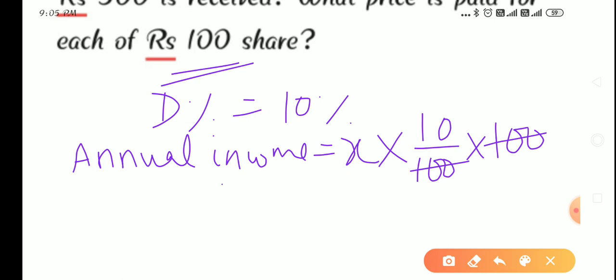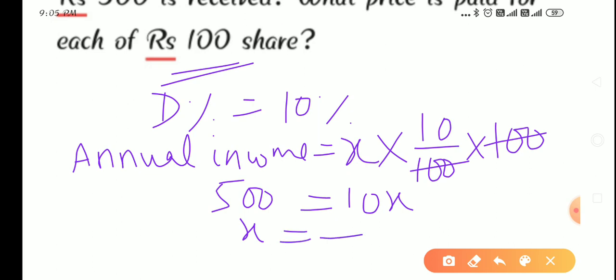What was annual income? 500 rupees. 500 equals 10x. So x equals 500 upon 10, 50. So number of shares 50 you are having, 50 shares you purchased.